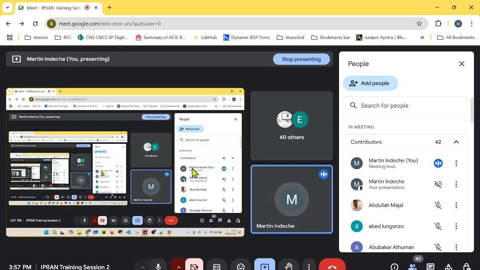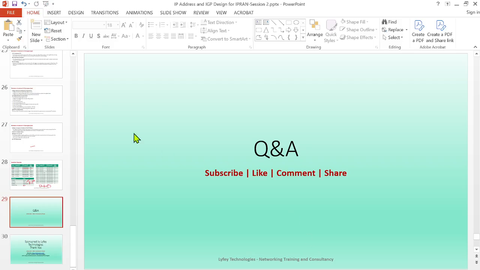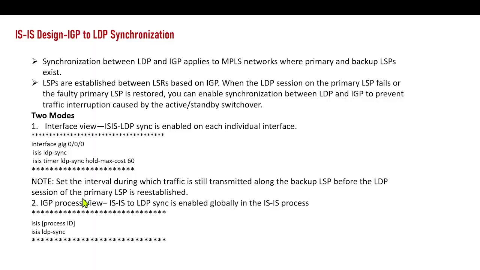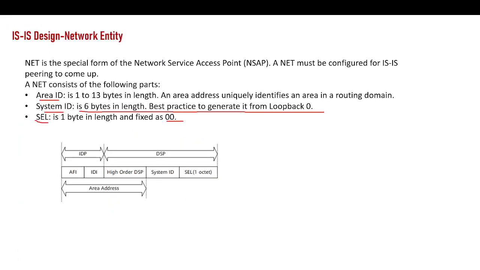The network entity title almost identifies like the area ID. When you check on the format of ISIS, let me just go back to the slide. You see, we have here the area address, then the system ID, and then the selector.